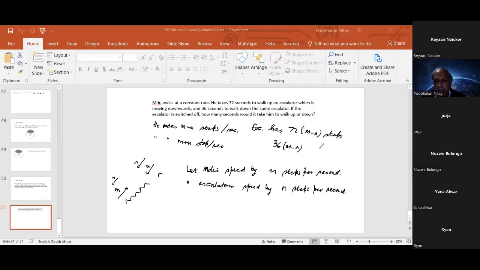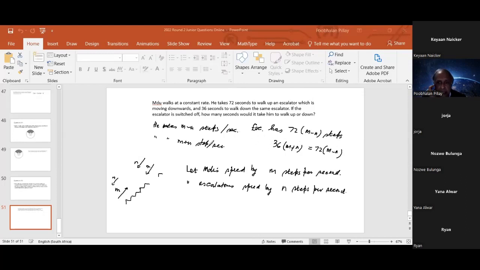So now you got an equation. So 36 into m plus n is equal to 72 into m minus n. Because in both cases, this is the number of steps, right?